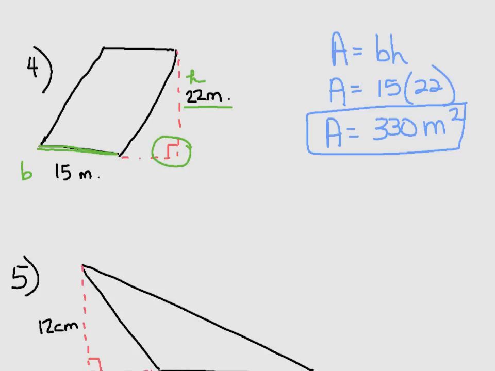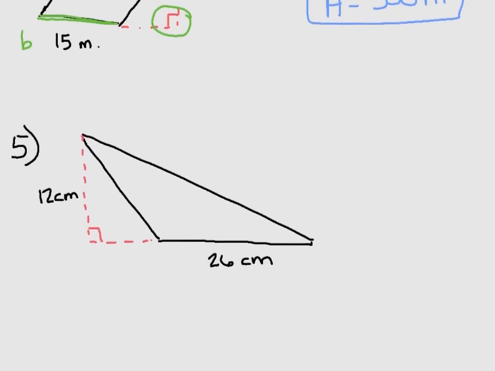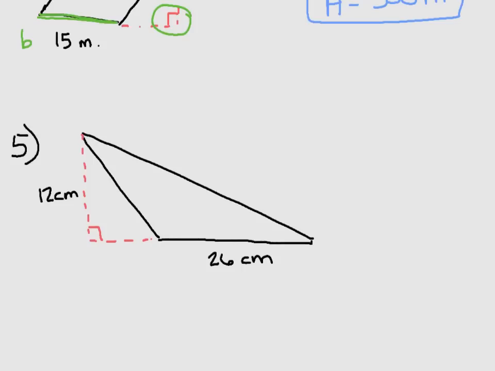Okay, let's go on to number 5. Number 5, the area of this figure is what I'm highlighting. This figure is a triangle, and we want to find the area of the triangle. In order to do that, we need to find what the base and the height are.